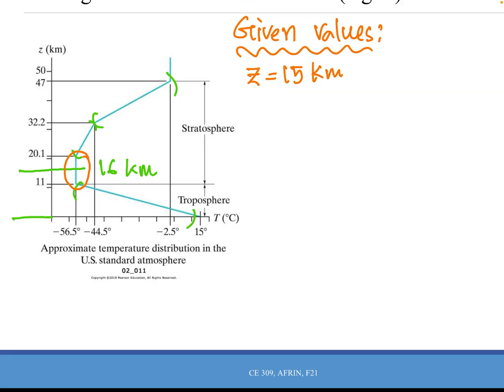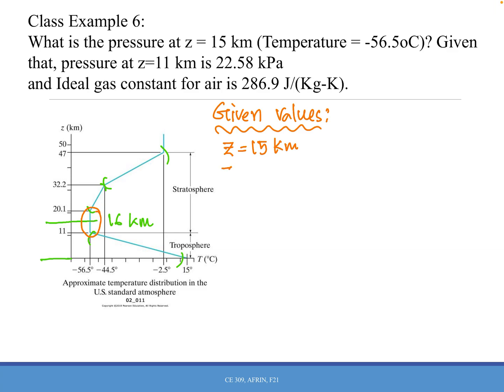I will name that point Z naught, which is 11 kilometers. The temperature is negative 56.5 degrees centigrade.